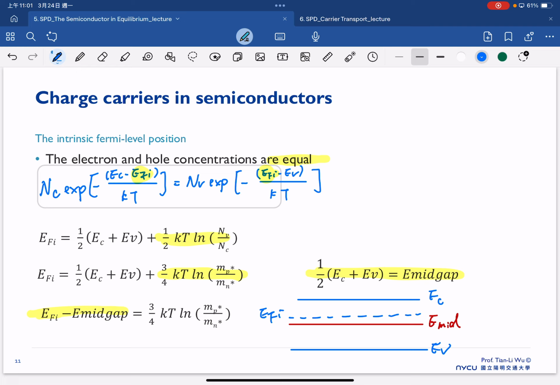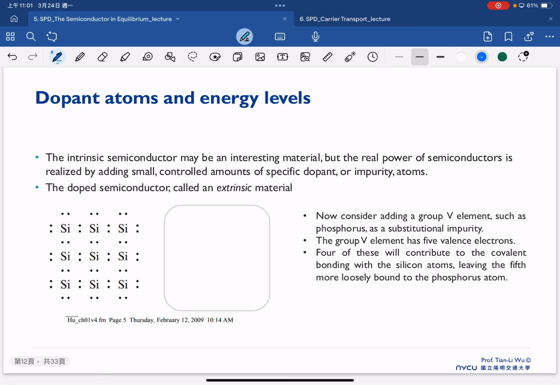Okay, since we finished the discussion of the intrinsic case, we will now look at the case where we can add additional species inside.